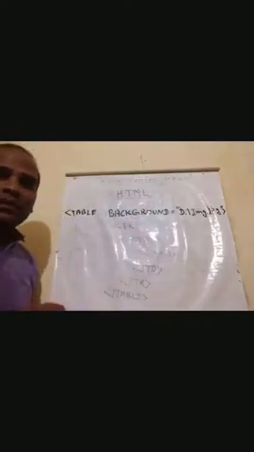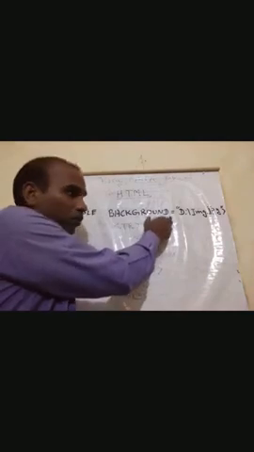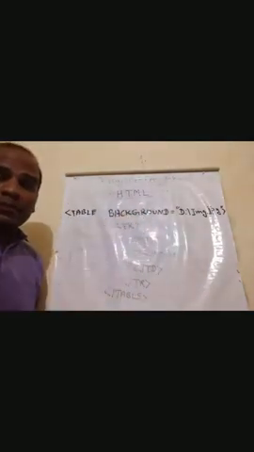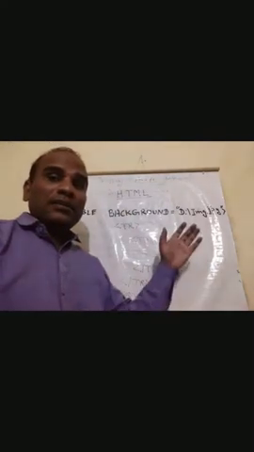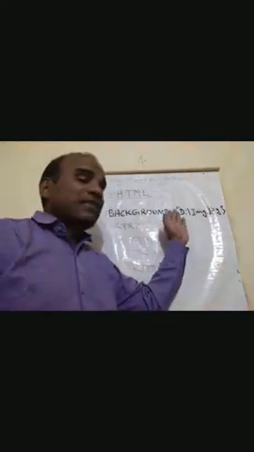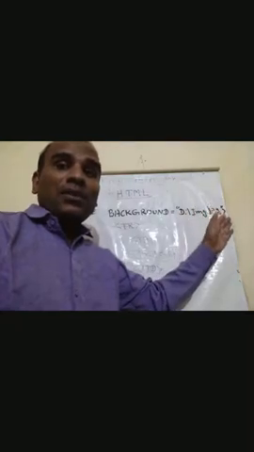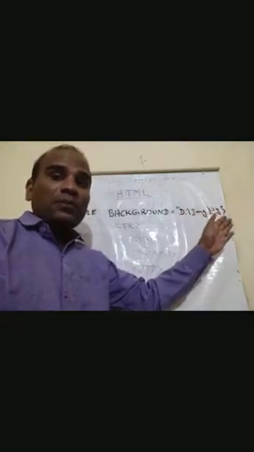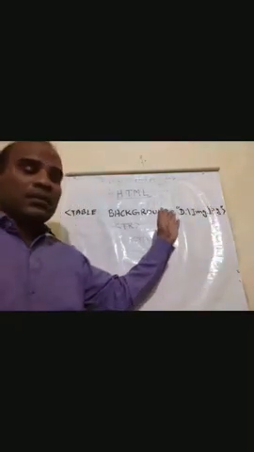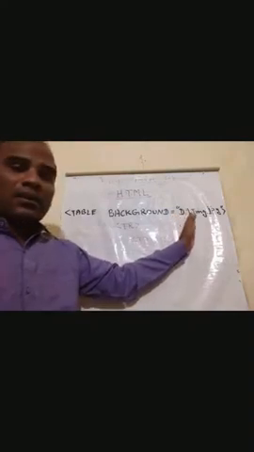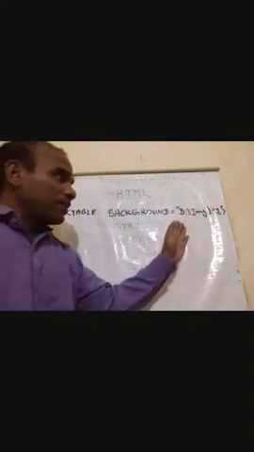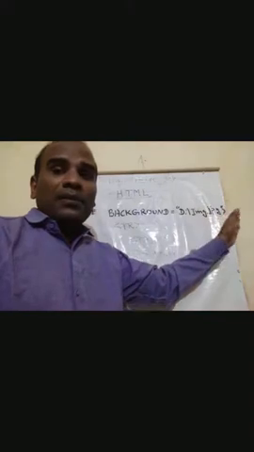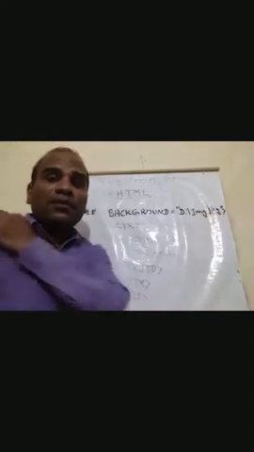Just write background, then the equal operator, and within double quotes write the address of the image. Write d, then colon, then backslash, then img.jpg, which is the file name.